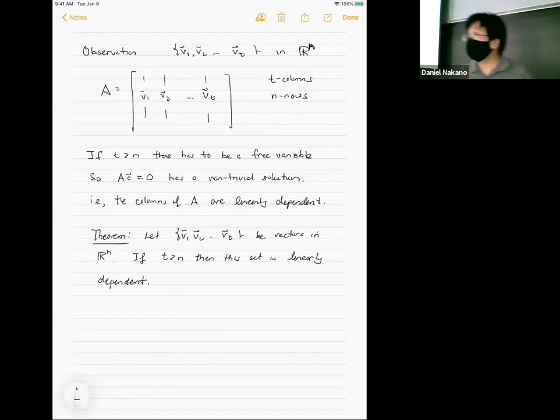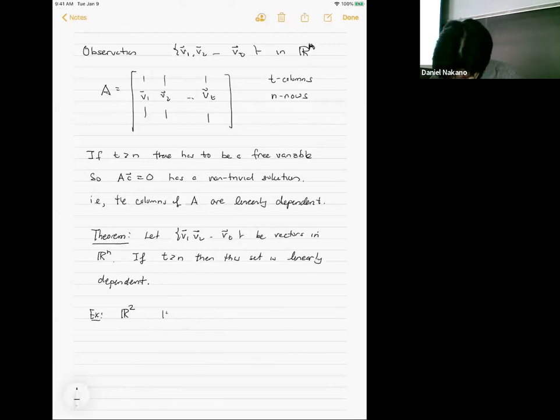Okay. All right. So let's just frame this down the road. Let me do an example really quick. Let's say I have R2, and let's say I have 15 vectors in R2. Then they have to be linearly dependent.